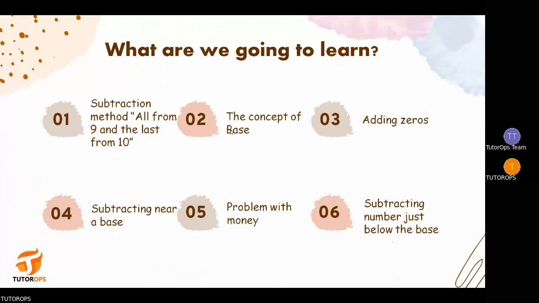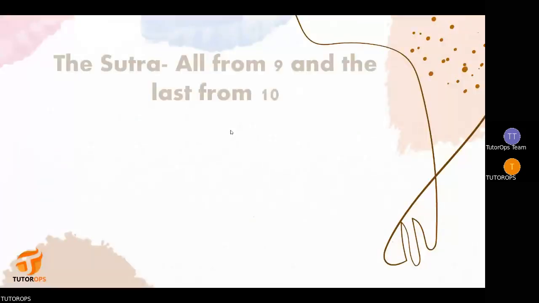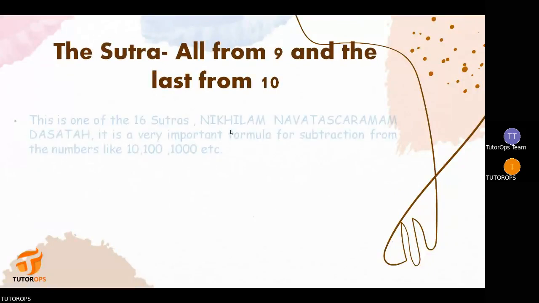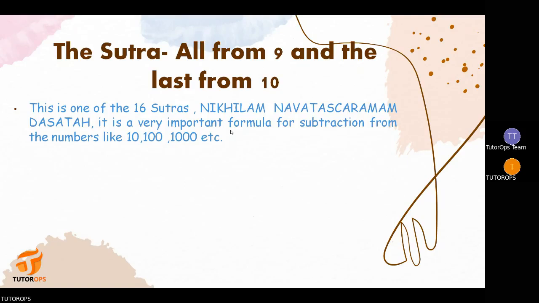Now, we know addition is one of the most basic operations. Subtraction is also one of the most basic operations like addition. And for subtraction, there are also some Vedic sutras.